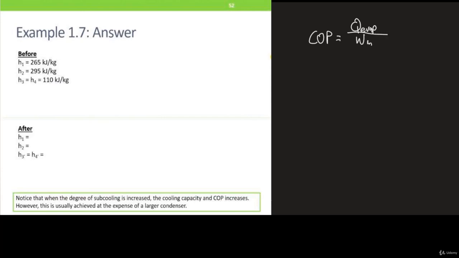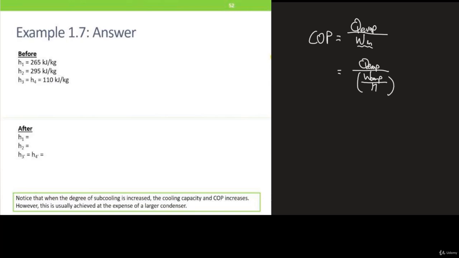These are the 2 values you need to find COP. But in order to find work done by the power input, you need to know the work done by compressor divided by the compressor efficiency. So go ahead and find what is your Q evap and your W comp first.